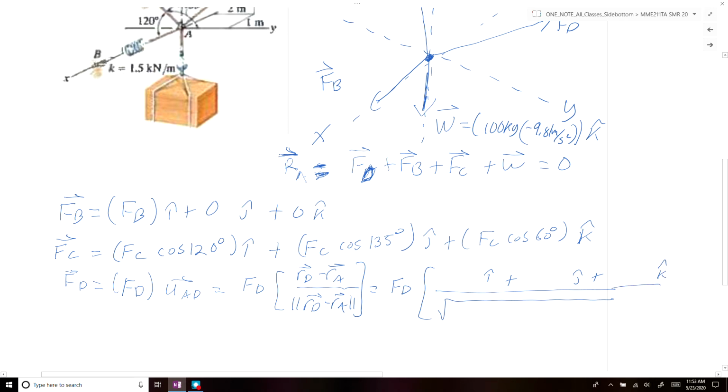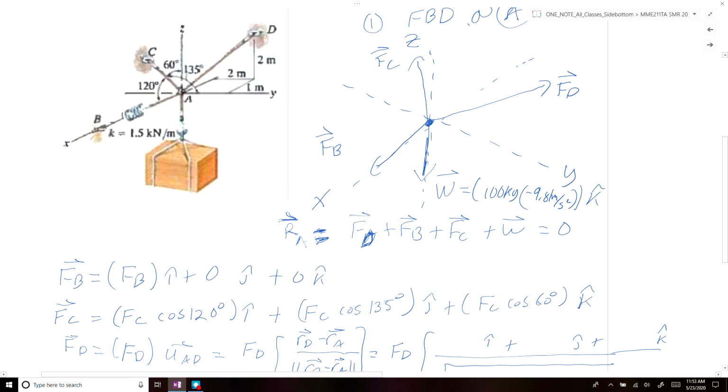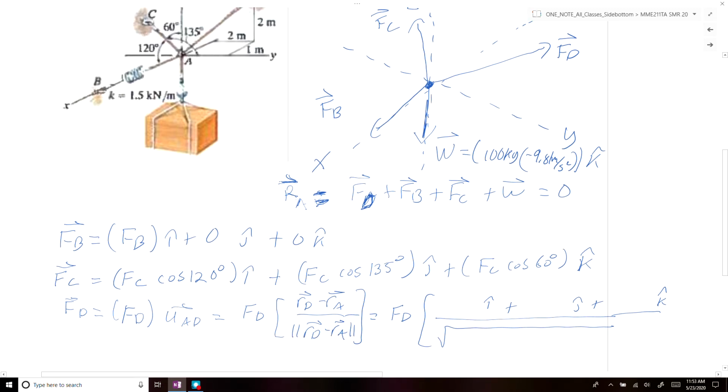So point D has minus 1 meter along the x direction. It has a positive 2 meters along the y direction, and has a positive 2 meters in the z direction. So if we square all those terms up, it actually comes pretty nicely.